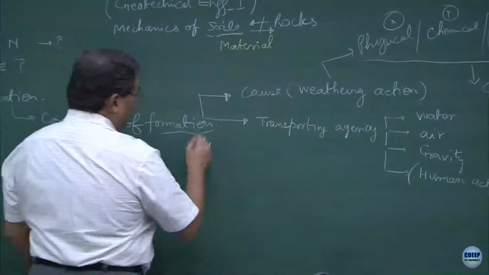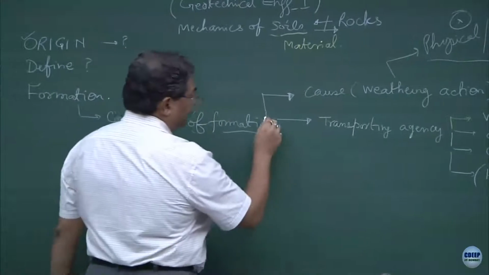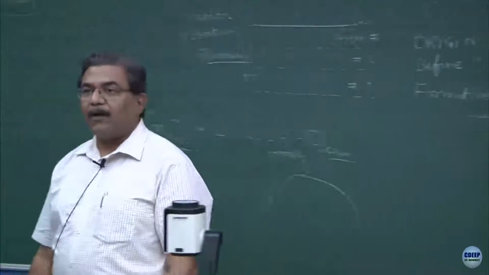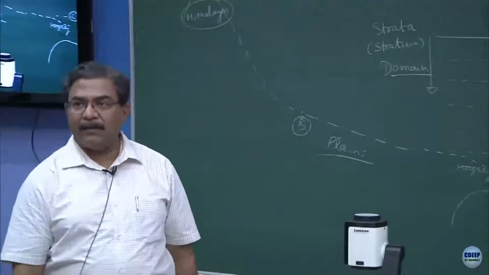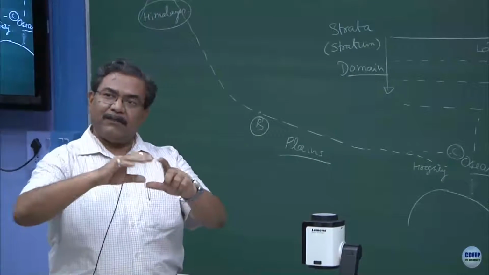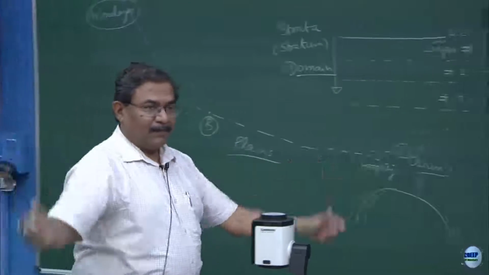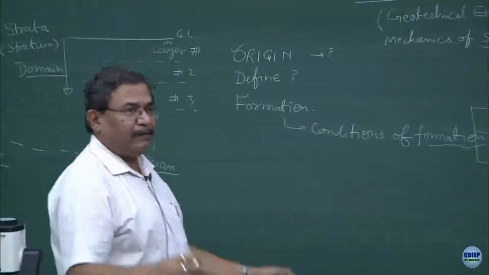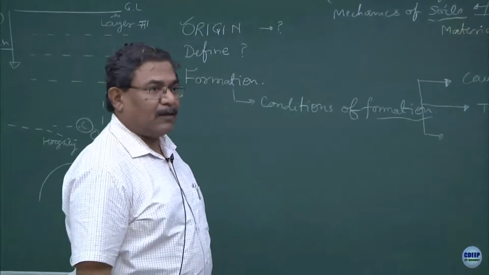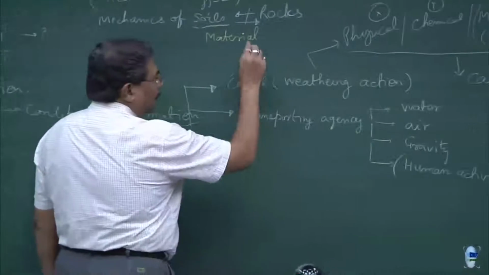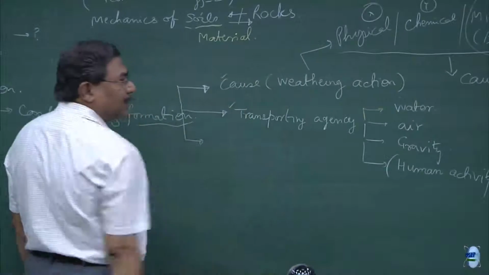Another interesting thing over here is, see, it is a very intelligent material, soils. We will talk about this later on, why it is so intelligent, because simple answer is it gives rise to the entire, what do you call it, life. Is this correct or not? Life originates from soils. So, we talk about the cause, we talk about the transportation agencies.